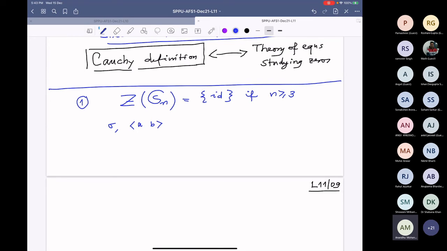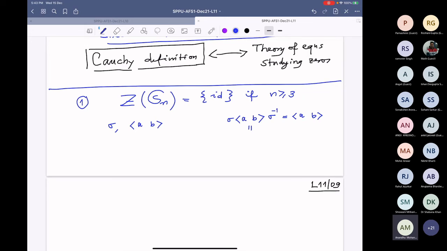So if I take sigma, transposition, sigma inverse, it should again be the transposition, no? That is the meaning of commuting. And this should happen for all transpositions.